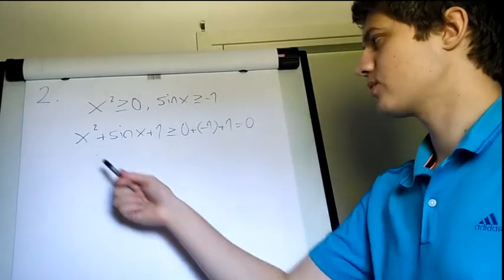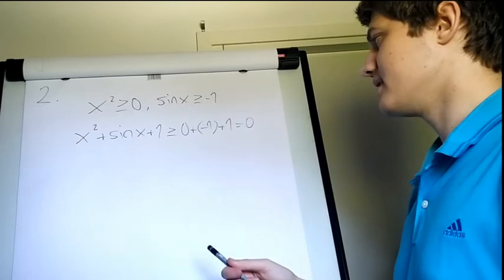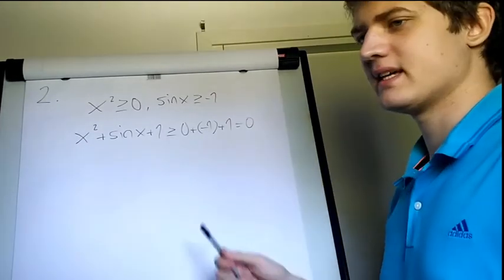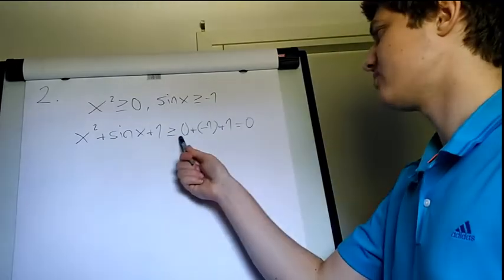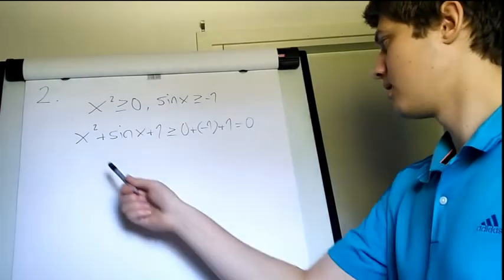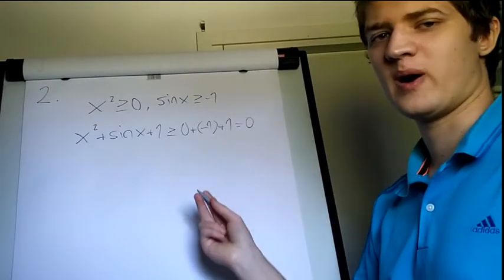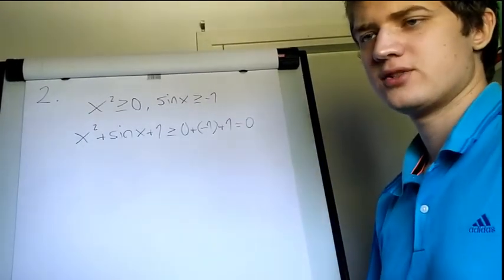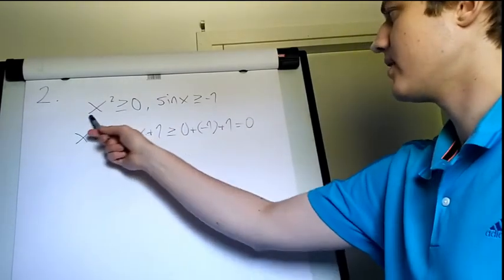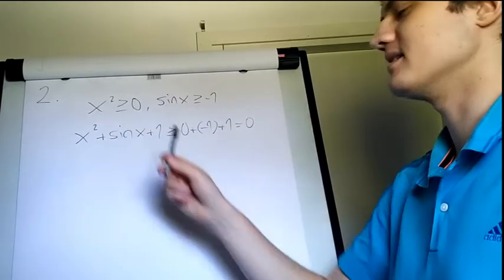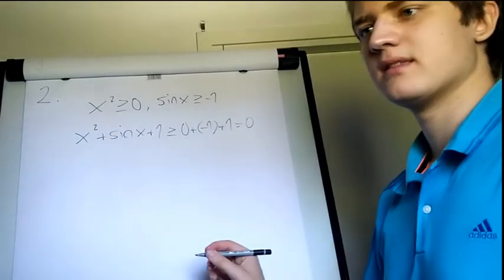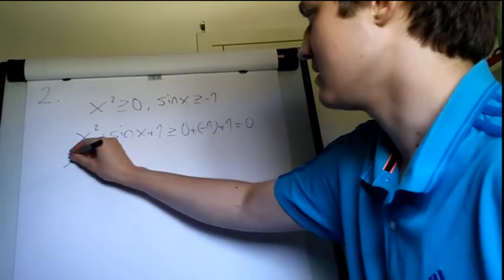So we've got that x squared plus sine x plus 1 is greater than or equal to 0. But that's not enough because we wanted a strict inequality. How do we do that? We split this into 2 cases, because x squared gets the value 0 in only one case, that is x equals 0. So we will study first the case x doesn't equal 0.